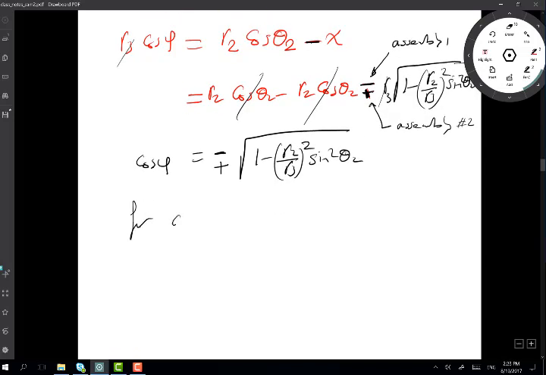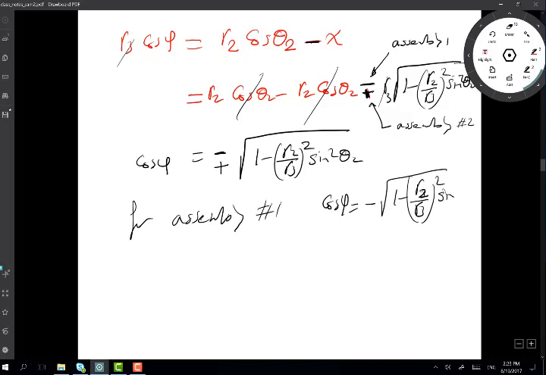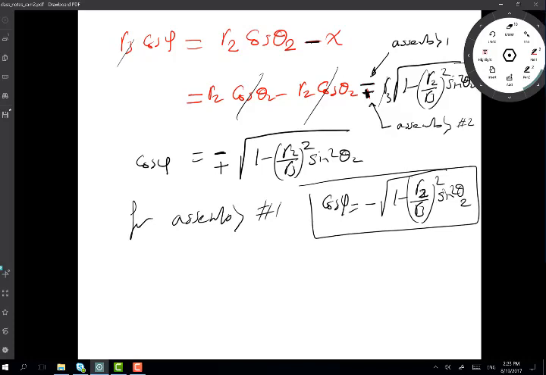For assembly number 1, cosine phi is negative 1 minus R2 over R3 squared sine squared theta 2. All right, okay, so that's here an expression for the angle phi. Now, phi will obviously be cosine minus 1 of this specific expression.